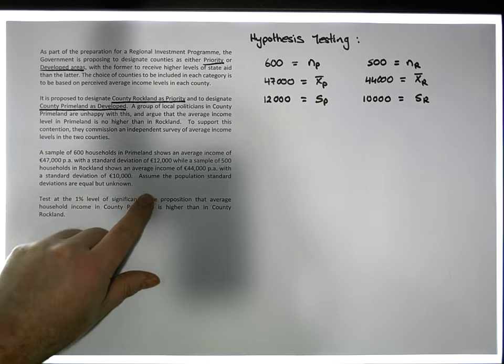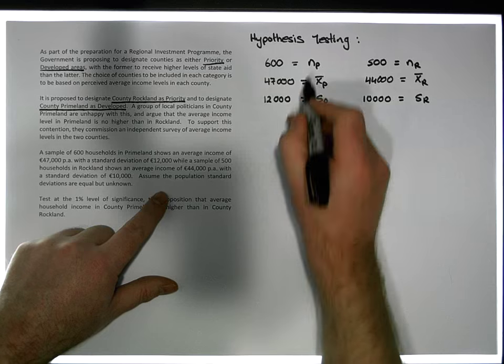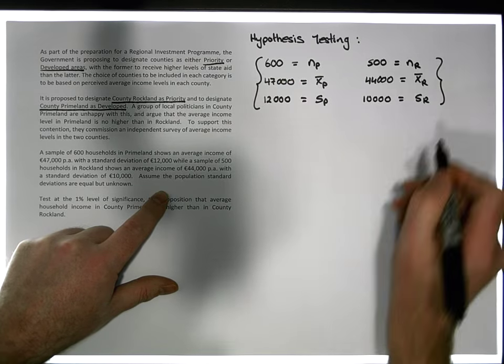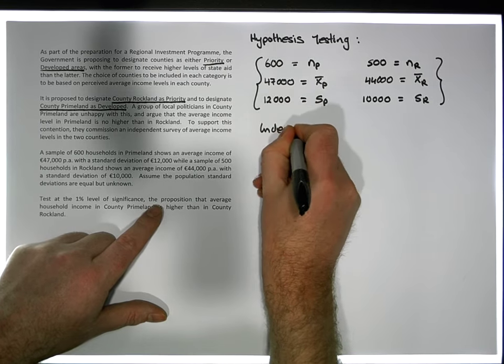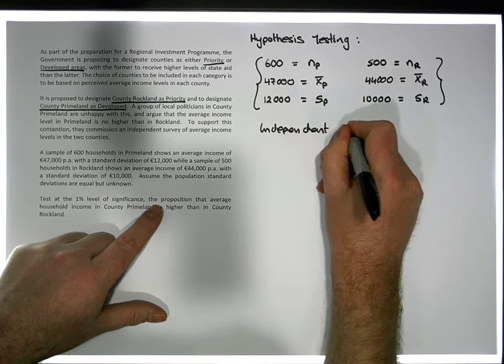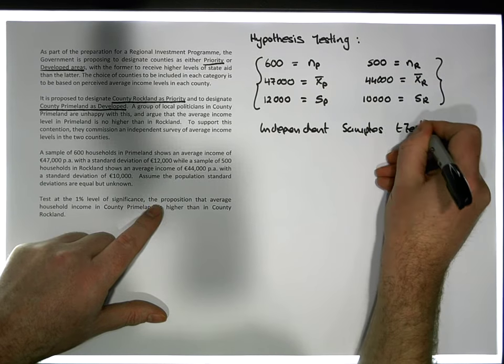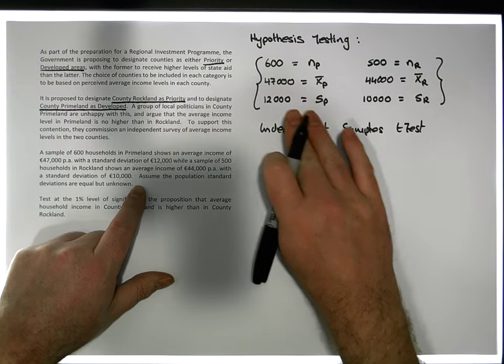Now, the important thing in relation to this particular test is that we have two samples, sample 1 and sample 2. So this is an independent samples t-test, because we have two samples and the observations are independent of each other.